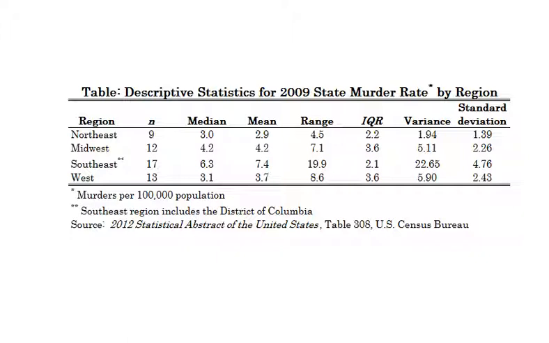Other than that, we see that the Southeast and Northeast are more closely clustered together, while the Midwest and the West are a little bit more widely spread apart. So while there may be, for the Southeast and a little bit for the Midwest and West, a couple of cases that may differ a good bit from the mean for those samples, we see that the middle of each of these distributions are fairly tightly close.